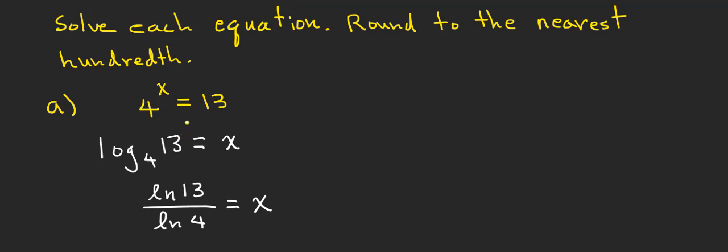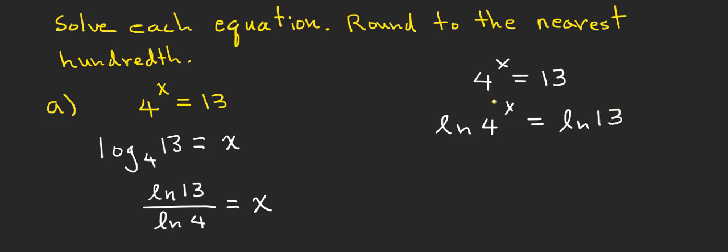The other way is let's natural log both sides. We natural log the left, we natural log the right. So now, remember the property of natural log? The exponent goes in front of the natural log.